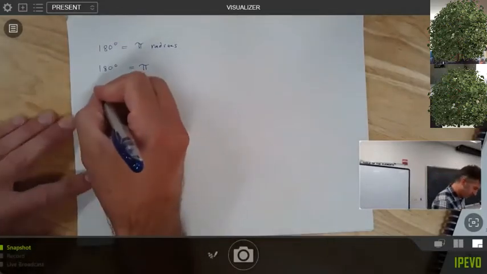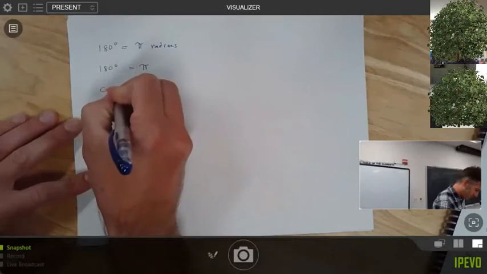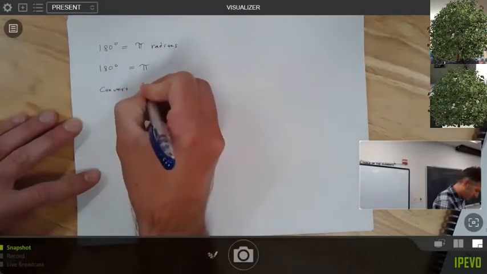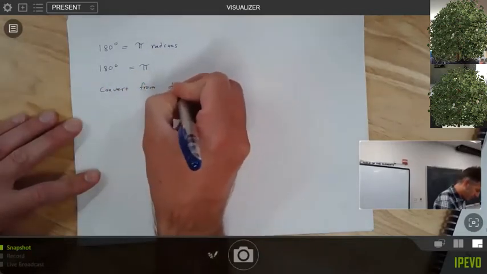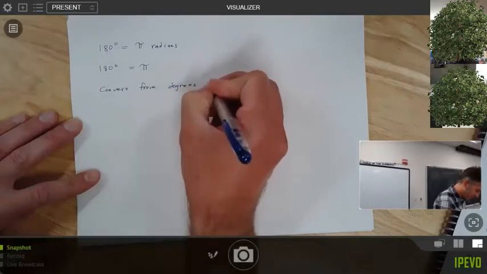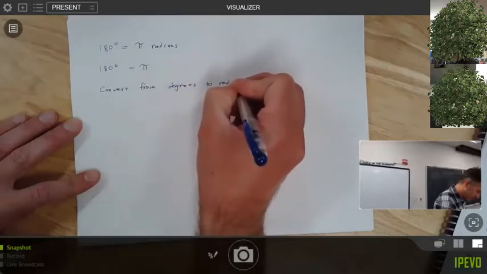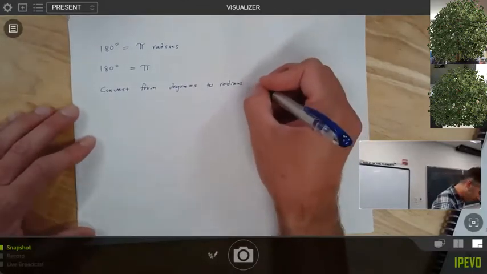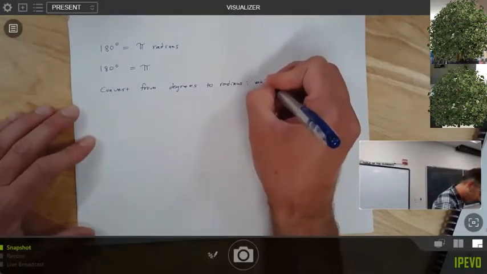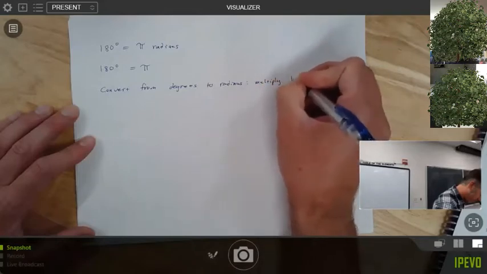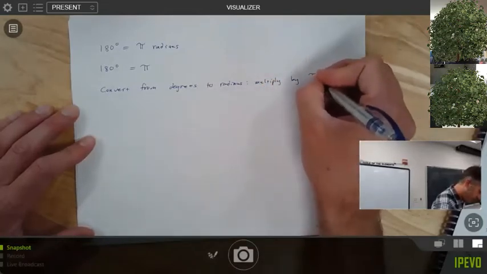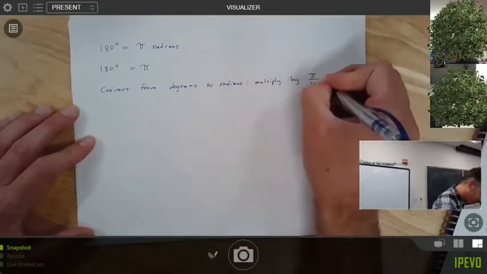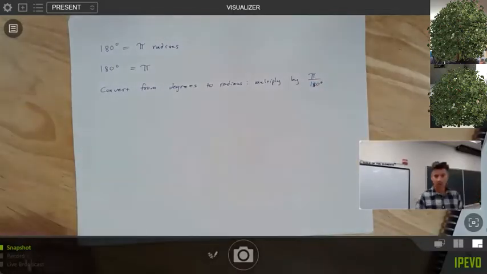So here's how we convert. We want to convert from degrees to radians. Well, we're going to multiply by pi over 180 degrees, which is equal to 1.